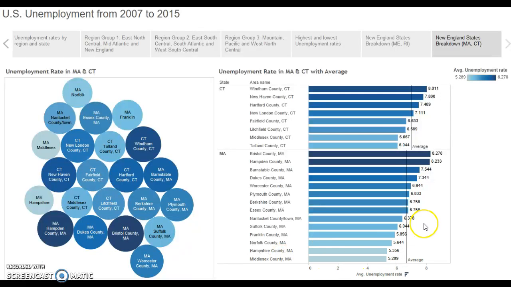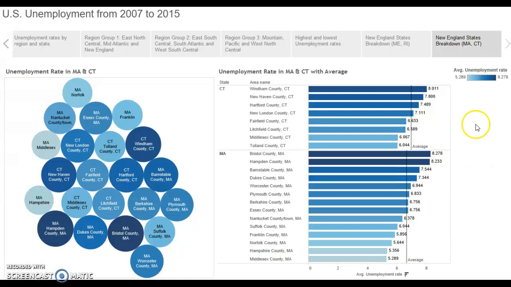And by contrast, you see Bristol County, which is in southern Mass, kind of near the Cape. You have higher unemployment rates in that area, which does make sense when you look at the opportunities that are there.